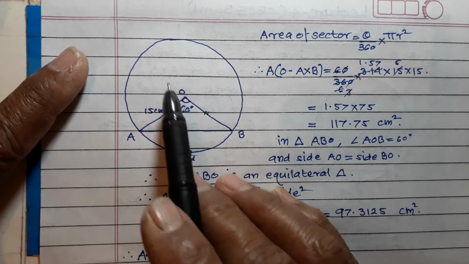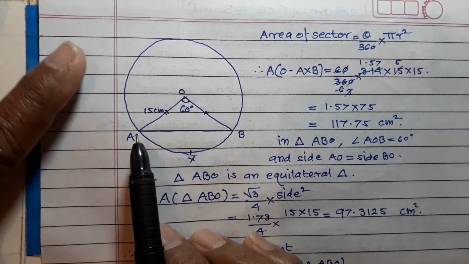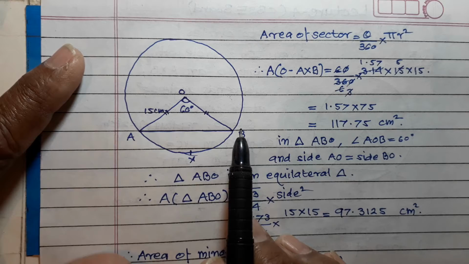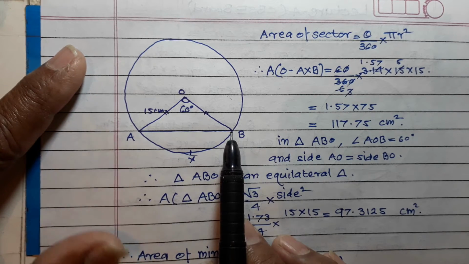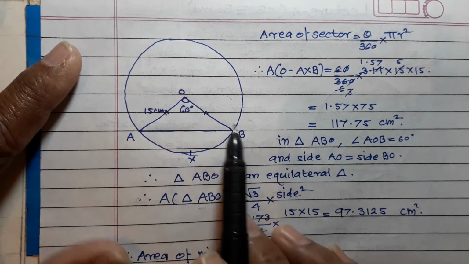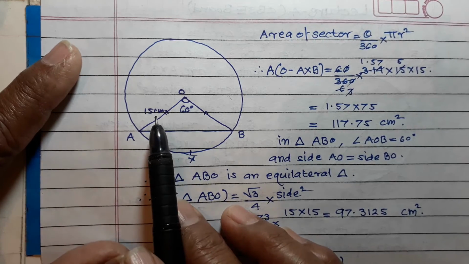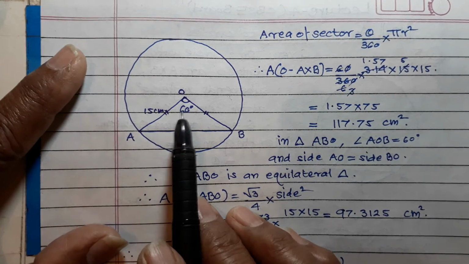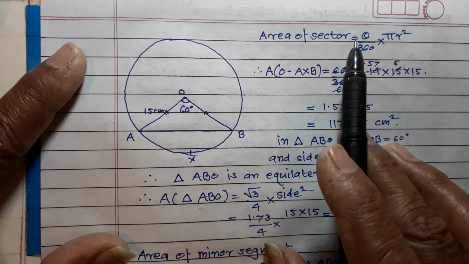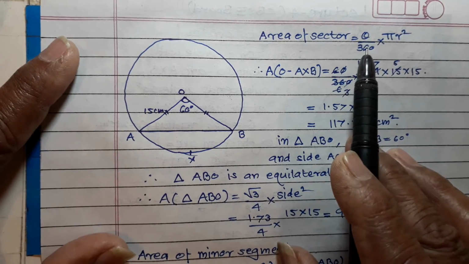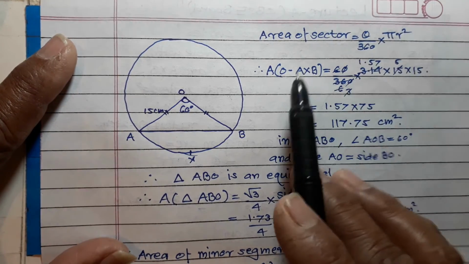So this is a circle with center O. OAXB is a sector. Radius is equal to 15 centimeters, given. Area of sector is equal to theta upon 360 into pi r square.